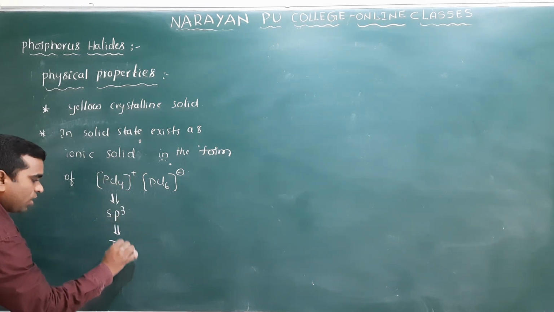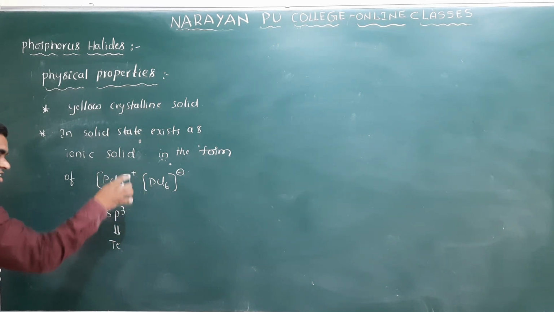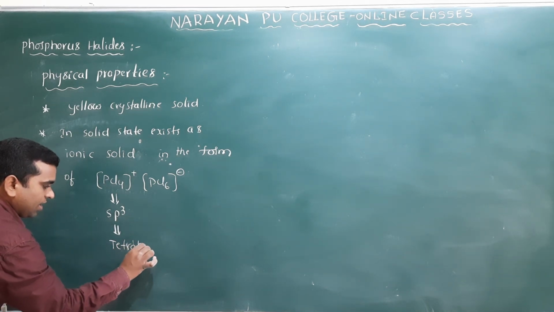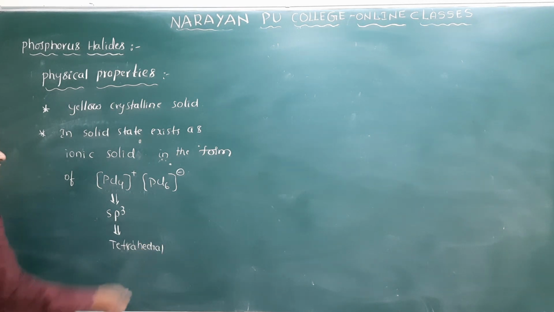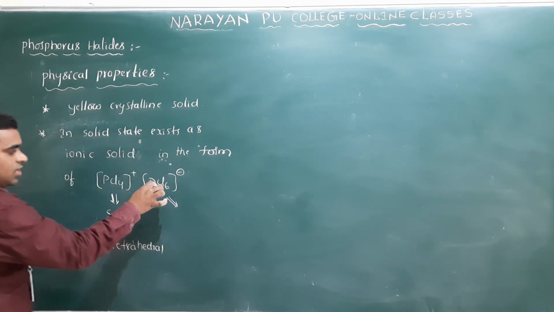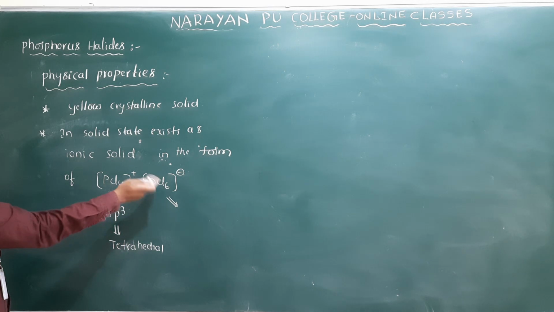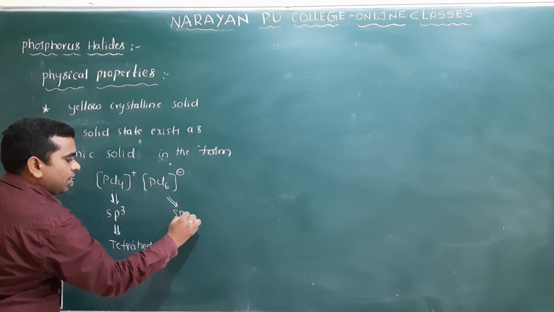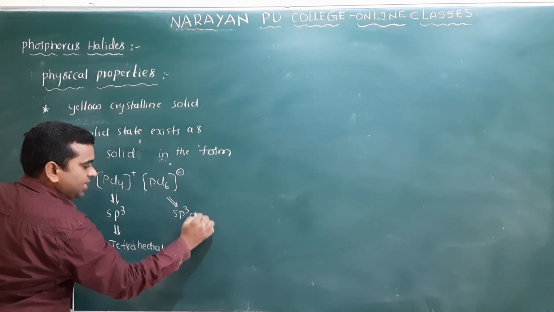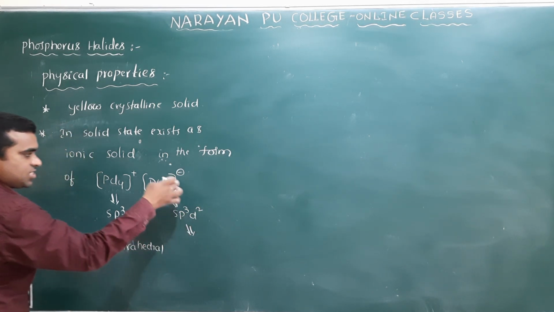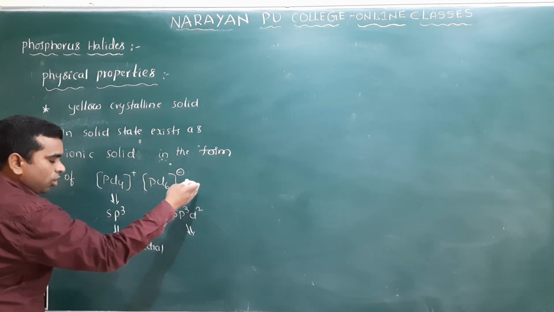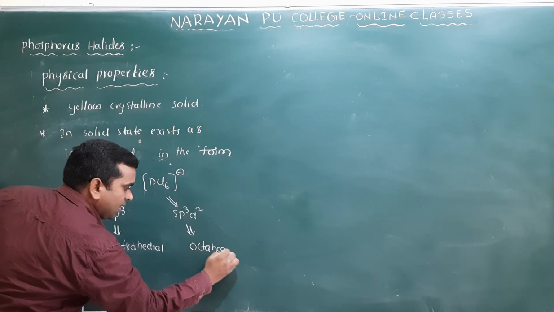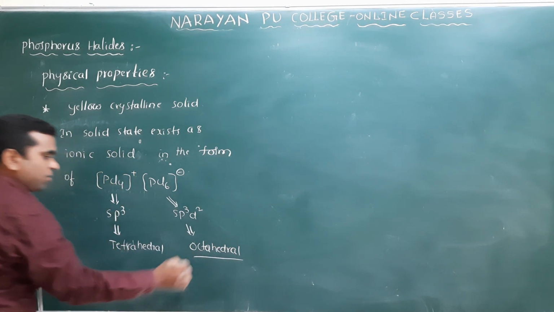So the PCl4 plus shape is tetrahedral. And in PCl6 minus, it gains one chlorine atom, so a total of 6 bond pairs are there, with no lone pairs. So you will get octahedral. Octahedral is the shape of this molecule.